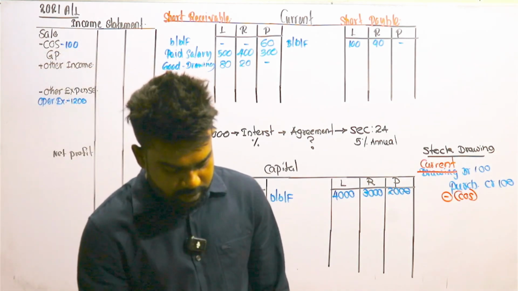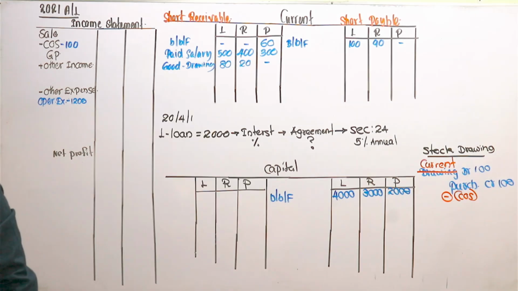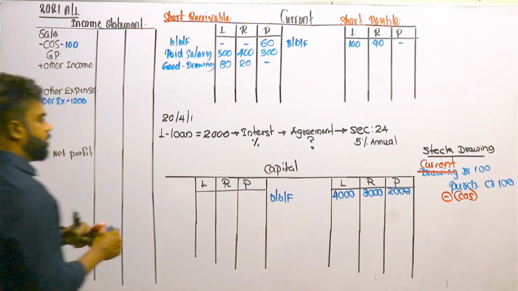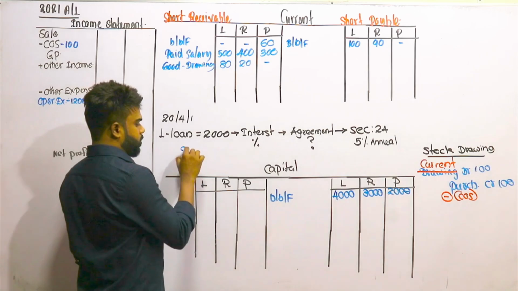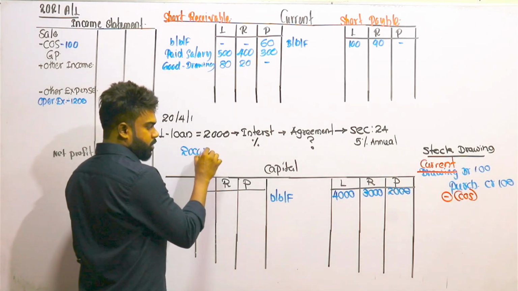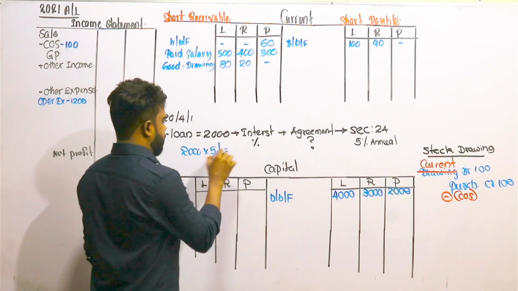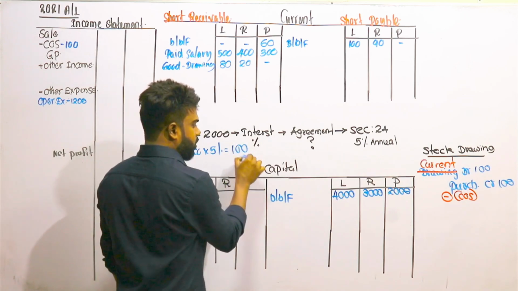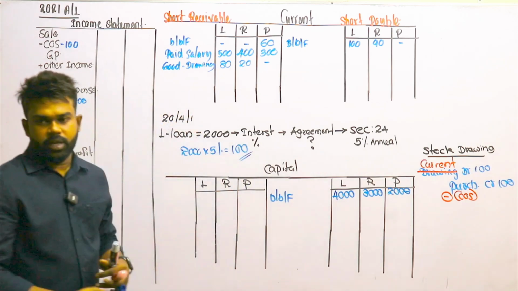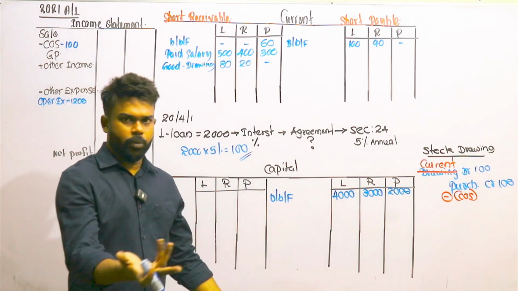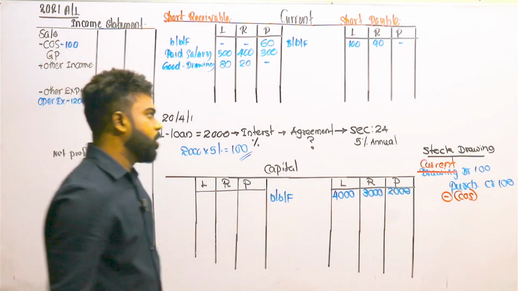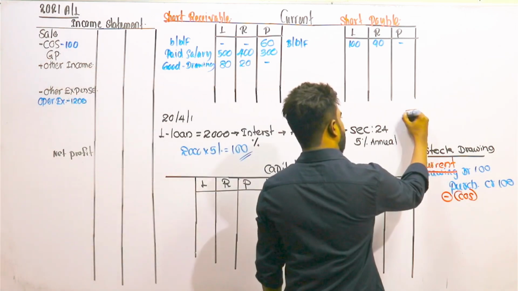Therefore, calculate and tell me the interest expense. 2000 at 5% is 100. If it is not paid, it should definitely be payable. What is the double entry of interest?